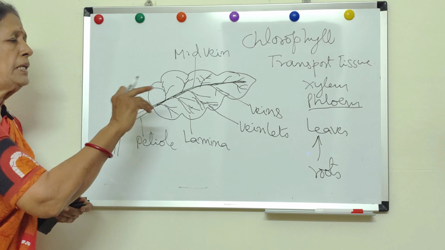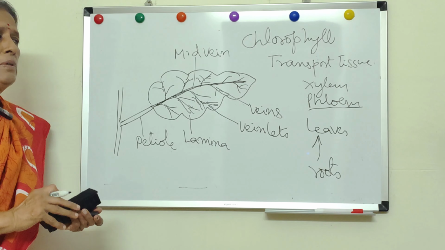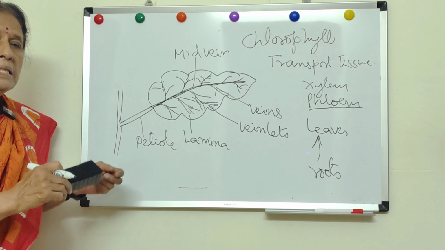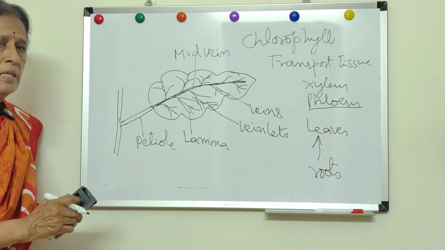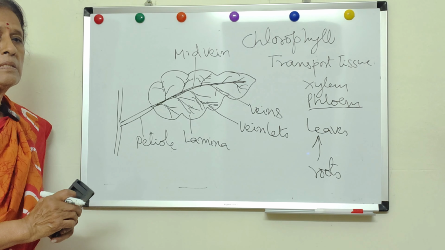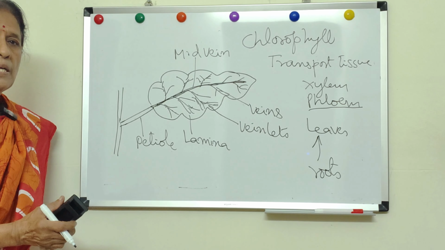In tomorrow's class, we shall see the internal structure of the leaf, the structure of the chloroplast, and where the process of photosynthesis takes place.